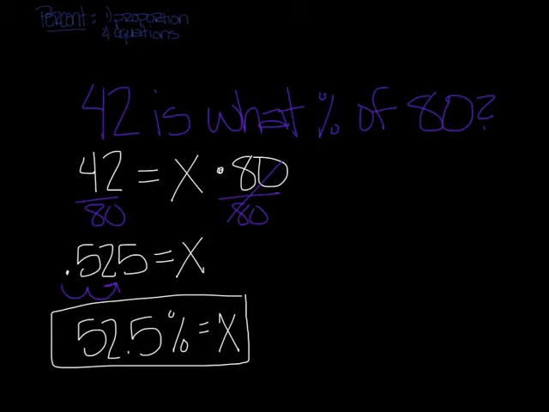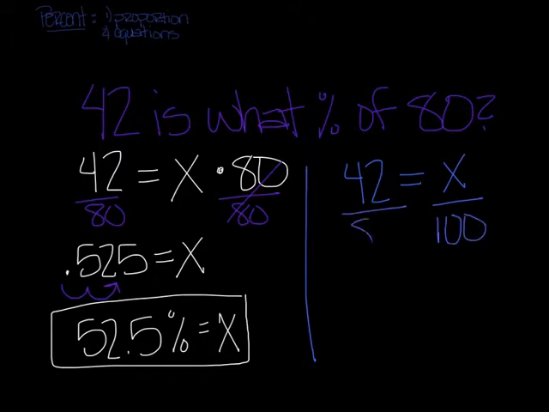Now let's try proportion strategy. So to write a proportion, we have to remember that percent is always out of 100. So we could say then that 42 is what percent, so we don't know what, out of 100 compared to 80. So this is saying 42 out of 80 is what percent or amount out of 100.